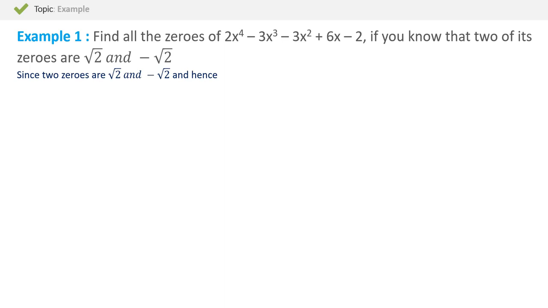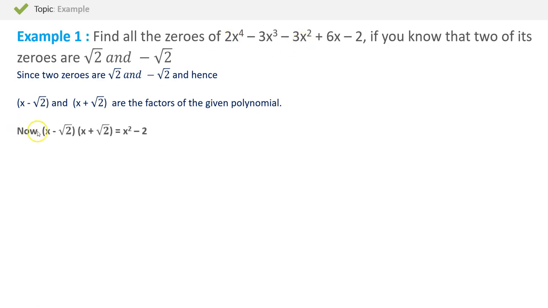Since the two zeros are square root of 2 and minus square root of 2, we know x minus square root of 2 and x plus square root of 2 are factors of the given polynomial. Now x minus square root of 2 multiplied by x plus square root of 2 gives you x squared minus 2. Why? Because we know x minus y multiplied by x plus y is equal to x squared minus y squared.